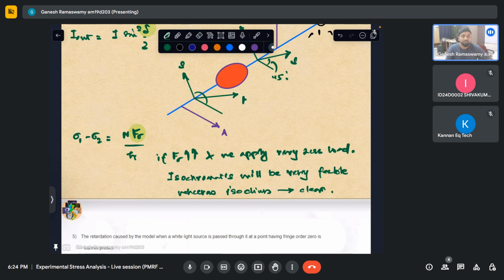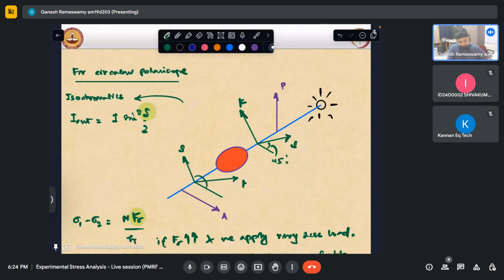So that is one workaround where we can see isoclinics with isochromatics not disturbing as much. But there is still no way to see only isoclinics. We cannot remove isochromatics in totality.